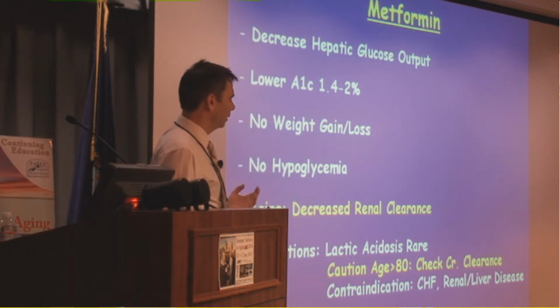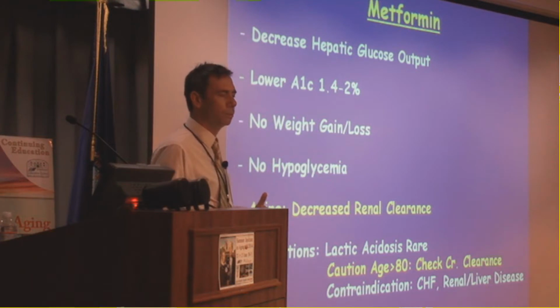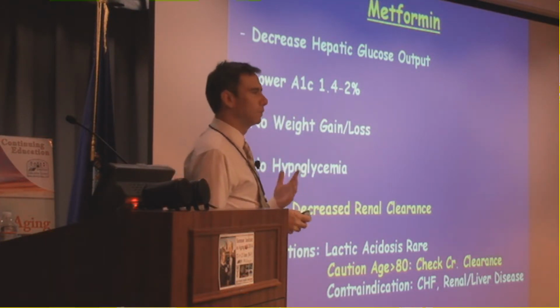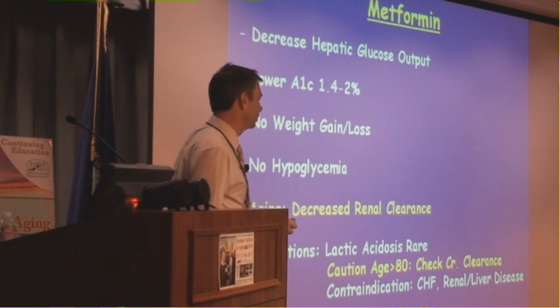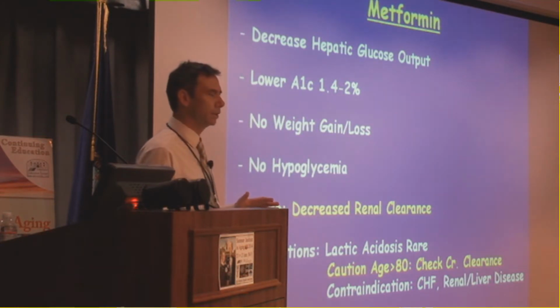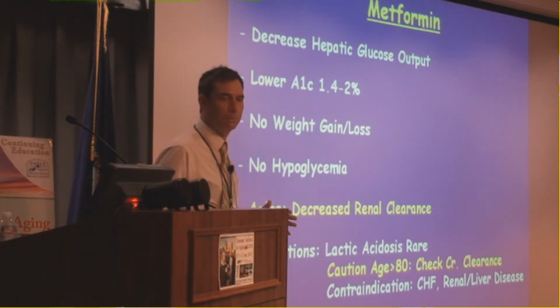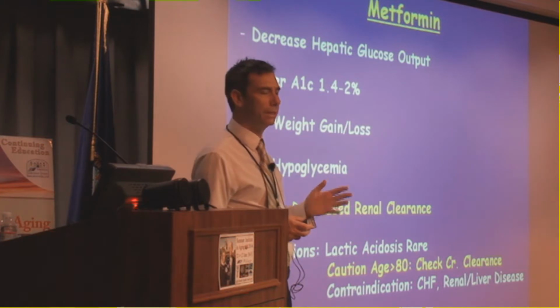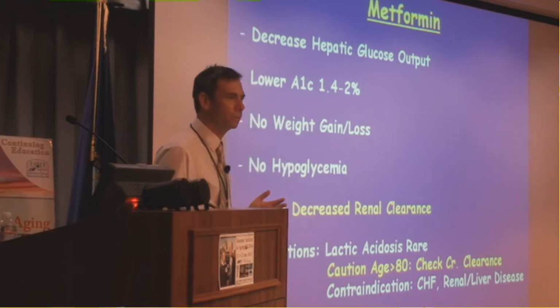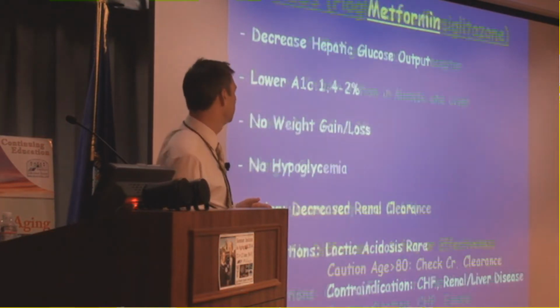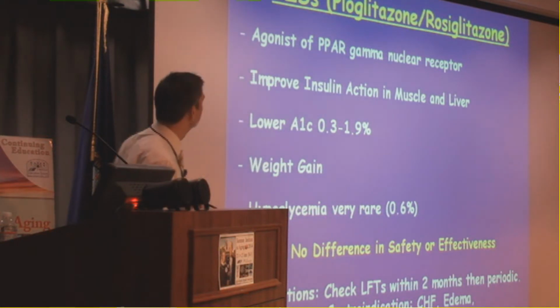So a recommendation is that in people over 80, before giving them metformin, do a formal test of creatinine clearance. But there's some misconception that metformin is contraindicated in older people. That is not true. If an older person has normal kidney function, it can be given.